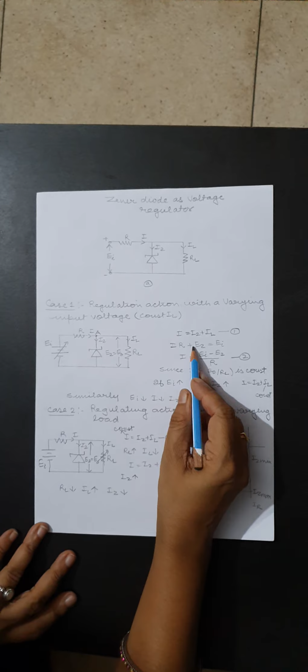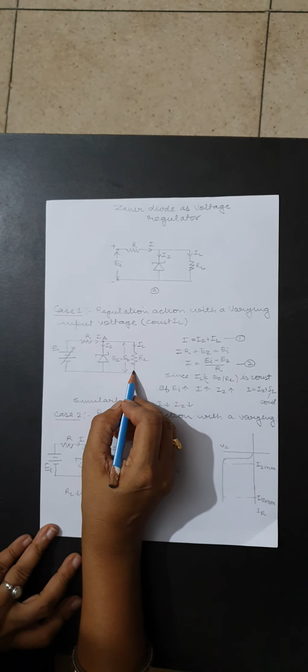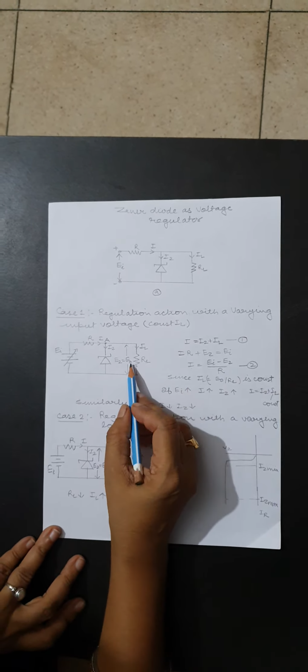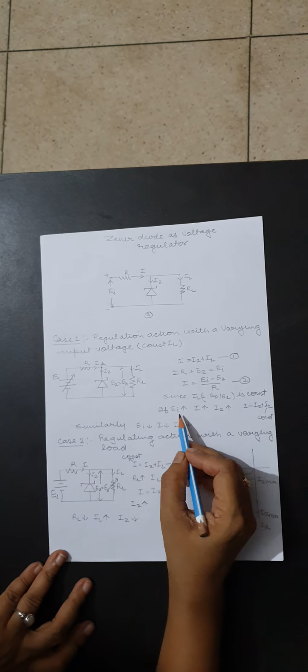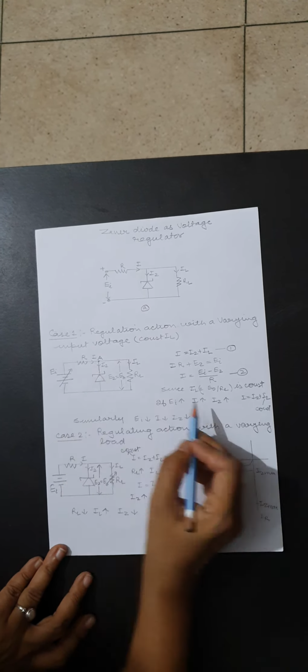From this equation, we get the value of I. Since in this circuit, value of RL is constant, value of output voltage is constant, IL is constant. And if IL is constant, then if the value of input voltage EI increases, value of I increases, but since IL is constant, value of IZ increases.